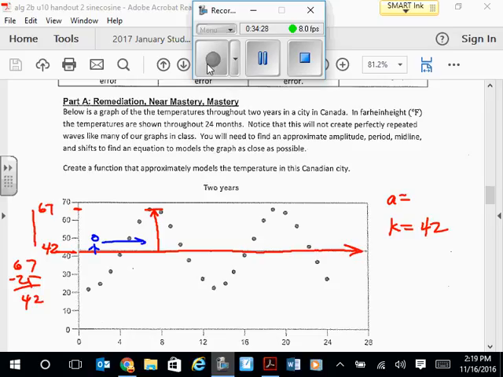If you didn't do it, please write down the general form of the equation. In other words, y equals a cosine x plus k. This one again, we decided our amplitude is going to be that 25, cosine x.